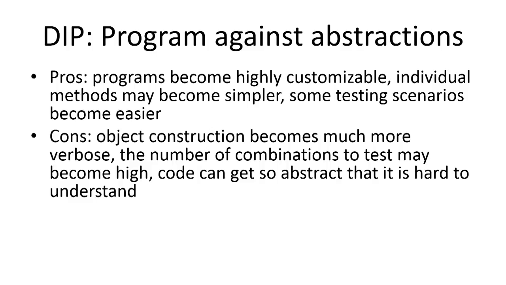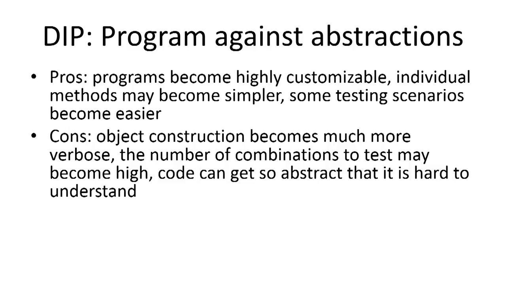On the other hand, constructing objects becomes super verbose. And sometimes you end up with objects that are taking in so many other objects as services, and those objects are in turn taking in other objects as services, and so on. The number of combinations that you have to test for your failure injection cases, for your real world cases, can become quite high.